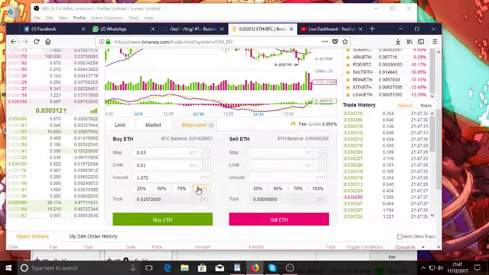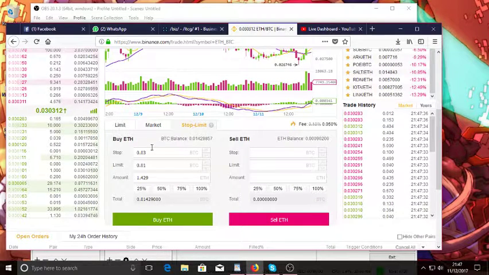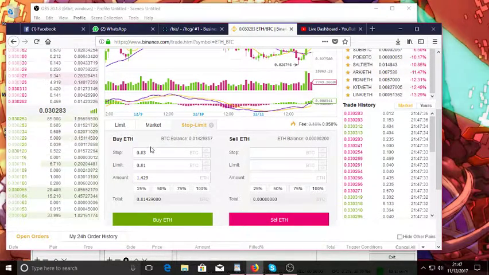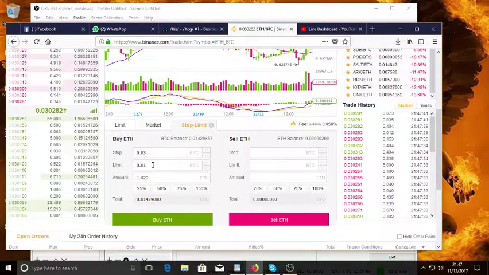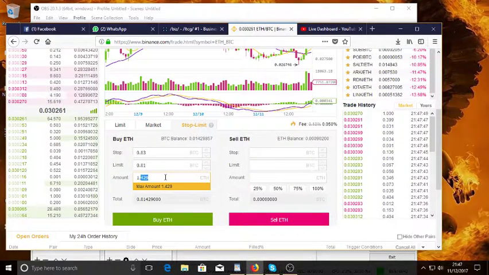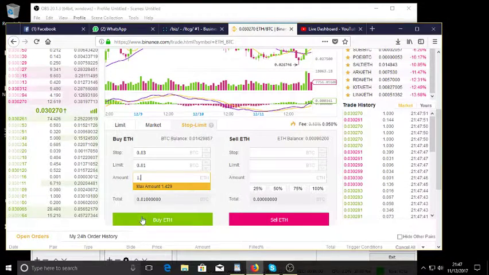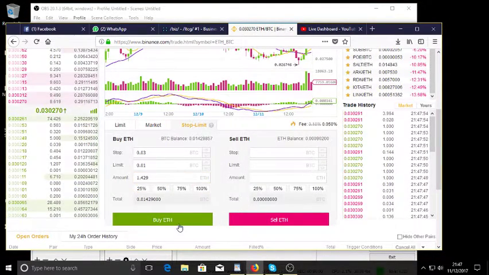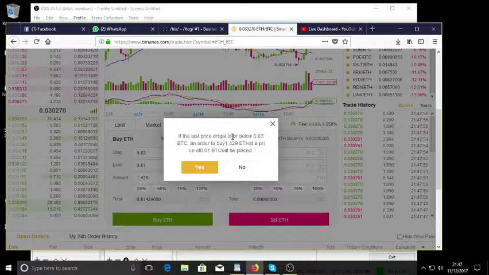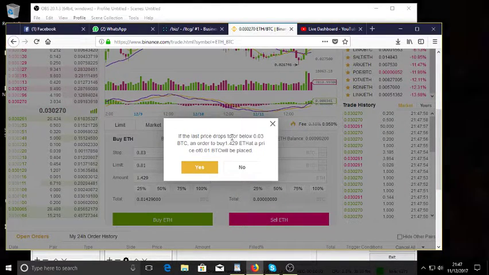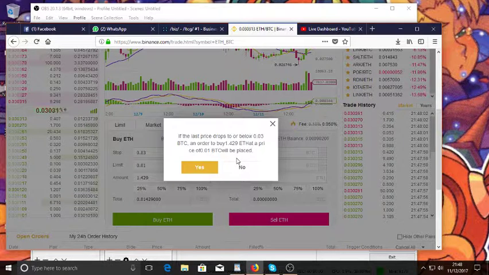Sorry, worth of Ethereum. So at a price of 0.03 BTC, I want to buy 0.01 BTC worth of Ethereum, which would be 1.429 ETH. Okay, and I can just place this order here. If the last price drops to or below 0.03, an order to buy 1.49 ETH at a price of 0.01 Bitcoin will be placed.